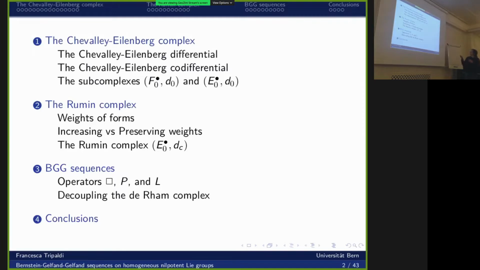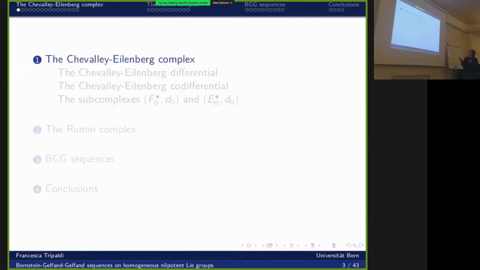So we're going to start with what is known as the Chevalley-Eilenberg complex. You usually see this if you do Lie algebra cohomology. Then we're going to very quickly see the Rumin complex, and then maybe the BGG sequences construction is going to be more approachable.